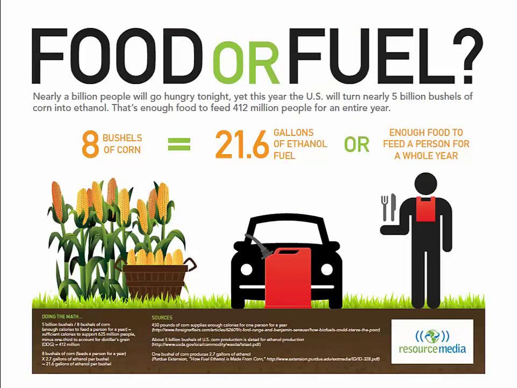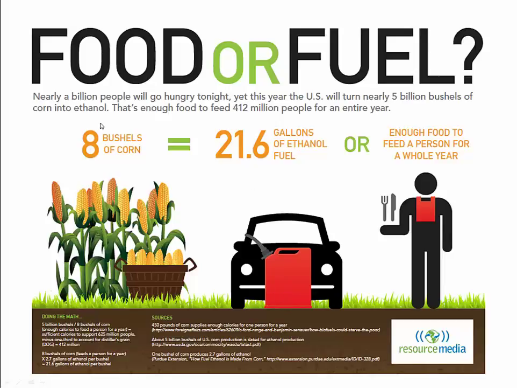So this is an infographic about whether we should be growing crops for food or for fuel. Basically it tells us that 8 bushels of corn can be used for generating 21.6 gallons of ethanol fuel, or enough food to feed a person for a whole year. How far does 21.6 gallons of ethanol drive us?